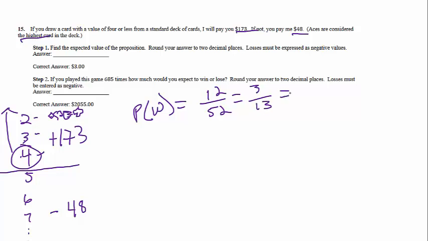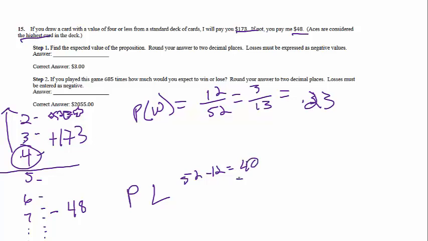What's the decimal for that? 3 divided by 13. I was right the first time. 0.23. So you have a 23% chance of winning. What's the probability of losing? Well, we can count these: 5, 6, 7, 8, 9, 10, king, queen, jack. But I can also take this 12 and say, what's 52 minus 12?